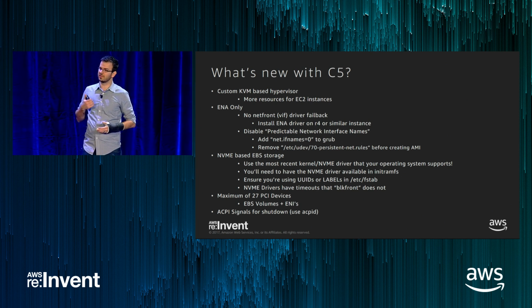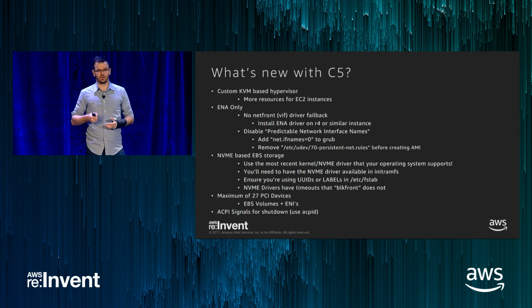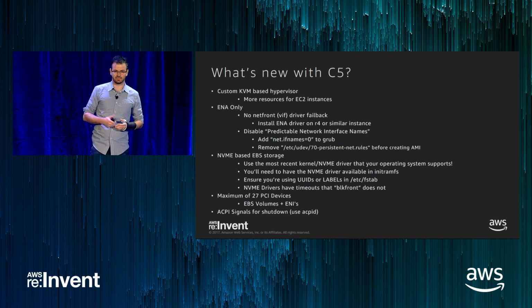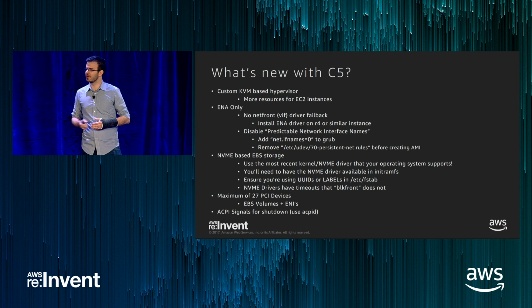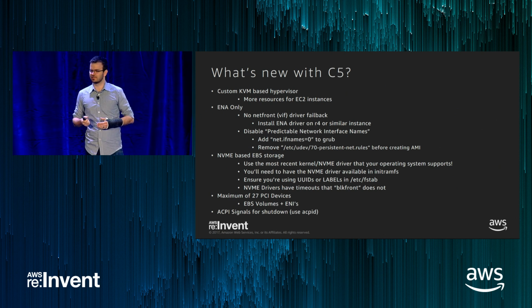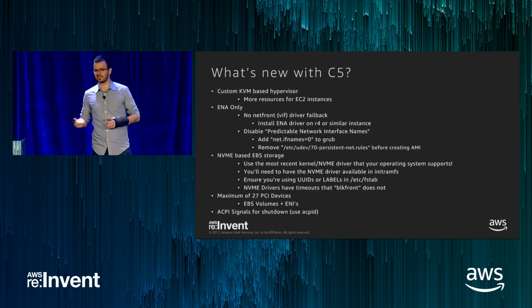So to make sure that your AMIs will launch and work on different operating systems, make sure that you're using UUIDs or labels instead of the /dev/sd mapping in /etc/fstab that you might be used to before. Another thing to keep in mind, and we don't have a lot of customers that run into this, but you can have a maximum number of 27 PCI devices attached to an EC2 instance with the C5 family today.